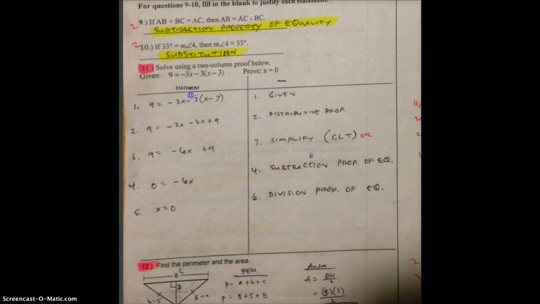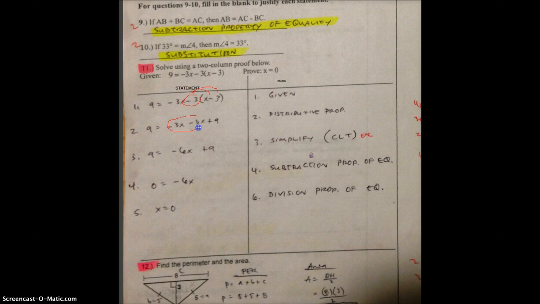Here, I'm going to have to take care of this problem first. You're doing order of operations, or you're doing the backwards of order of operations, so addition and subtraction to get the x variable by itself. In this case, I'll distribute first. So I get a negative 3x, and then here will be a positive 9. That's distributive property.